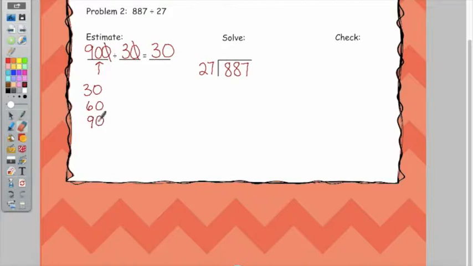Okay. Now how many did we add to 27 to get 30? 3. So we'll subtract 3, then we'll subtract 6, then we'll subtract 9. So 30 minus 3 equals, of course, 27. 60 minus 6, 54. 90. Okay. So that's all we need for right now.